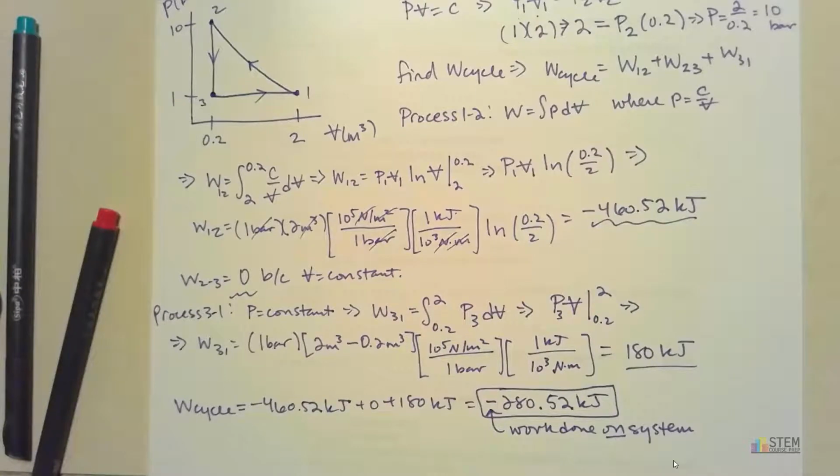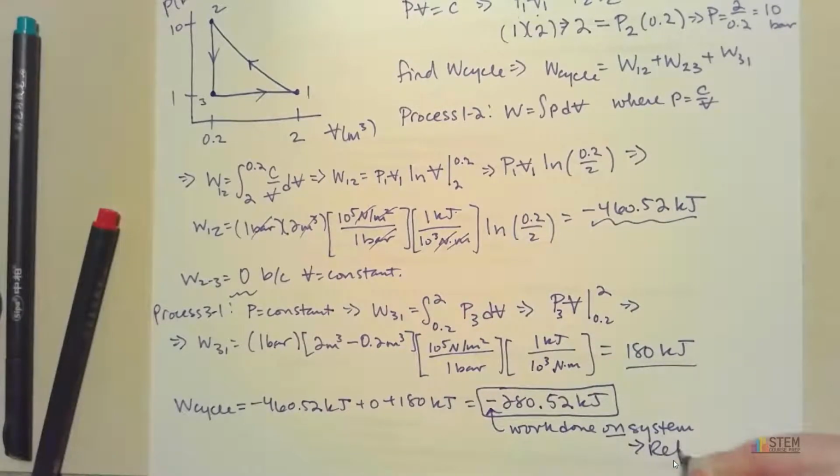The arrow was drawn out, so we had an energy transfer by work out of the system. This is saying work's being done on the system, so this requires some sort of external energy to come in. That implies a refrigeration cycle, because if you remember back to the picture of the refrigeration cycle, the arrow for work was pointing into the system because you had to have some sort of power supply to make that cycle work. So this is going to be refrigeration.